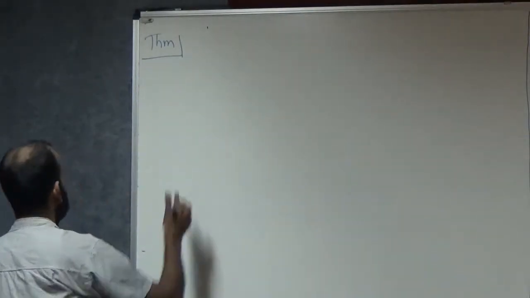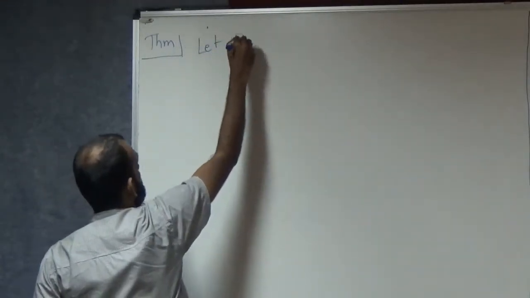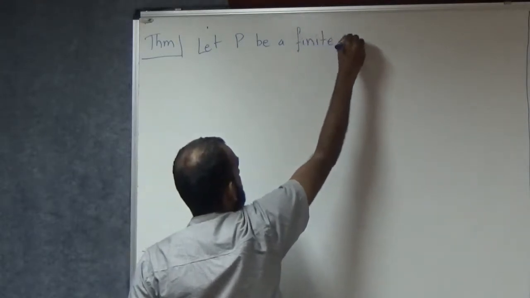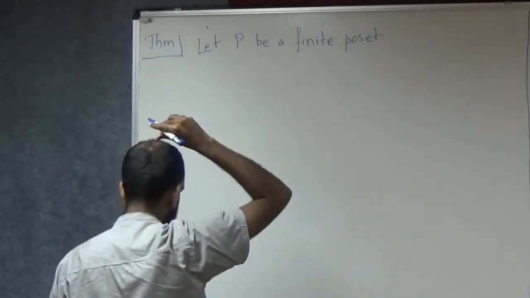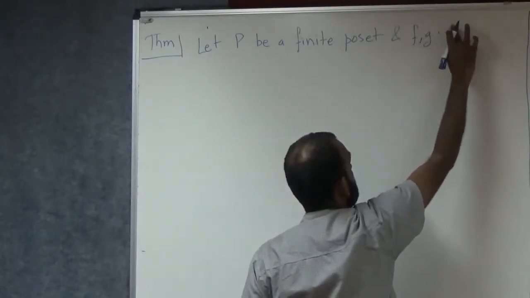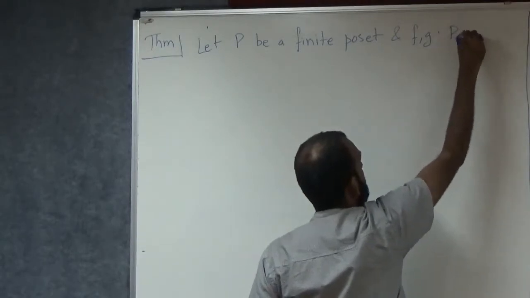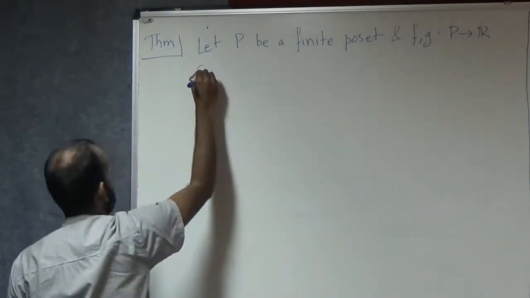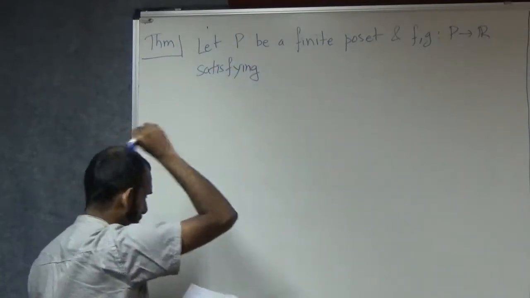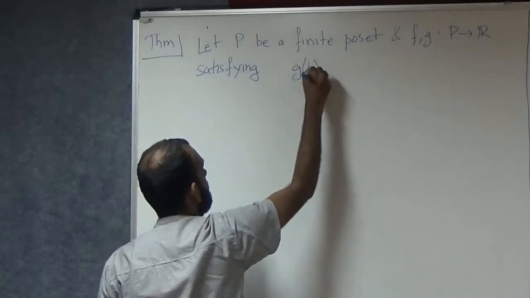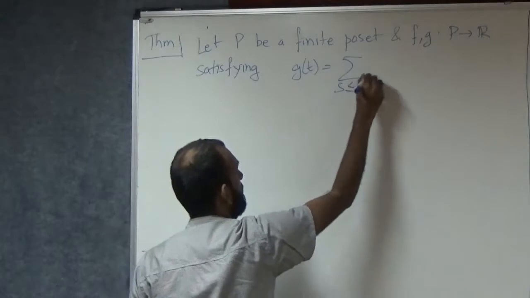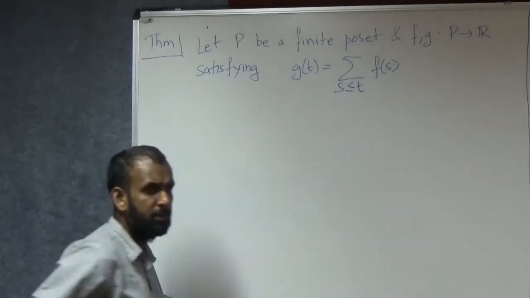Okay, so let P be a finite poset, and f and g be functions from P to R, satisfying g of t is the sum over all s less than or equal to t of f of s.